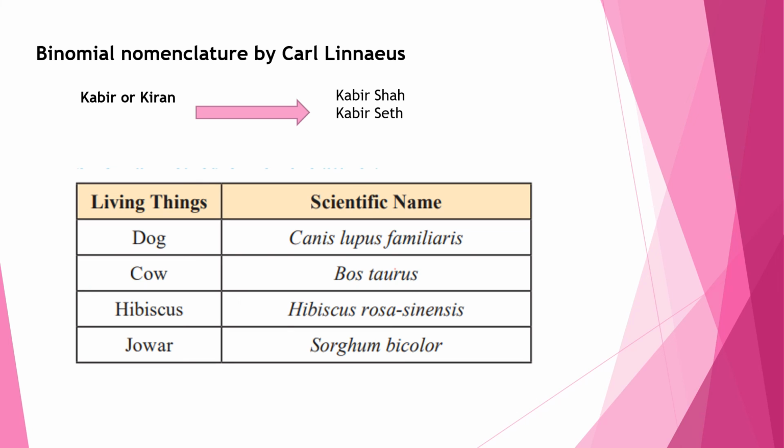Jowar has so many varieties, not only jowar but also wheat and maize, and according to their varieties we cannot say Sorghum bicolor for every variety. So you need to give a nomenclature to plants or animals according to their genus and species whenever you give scientific names to living things.